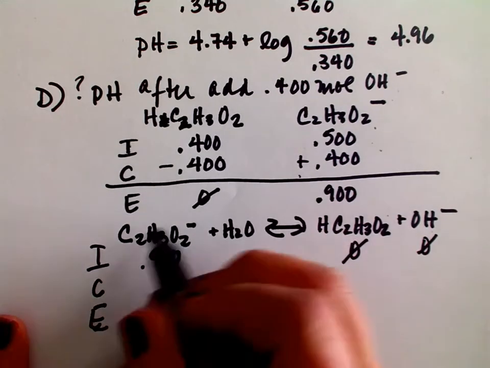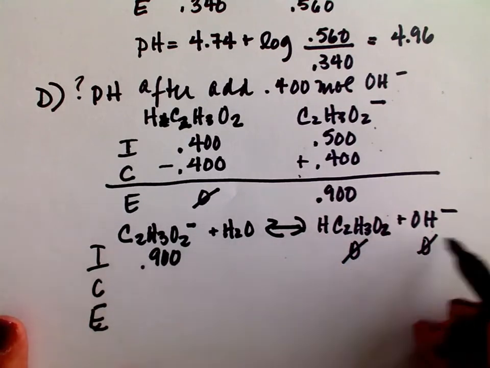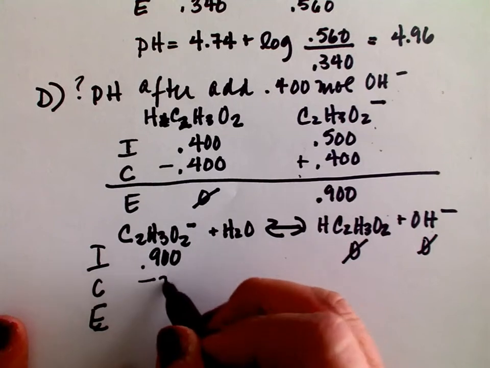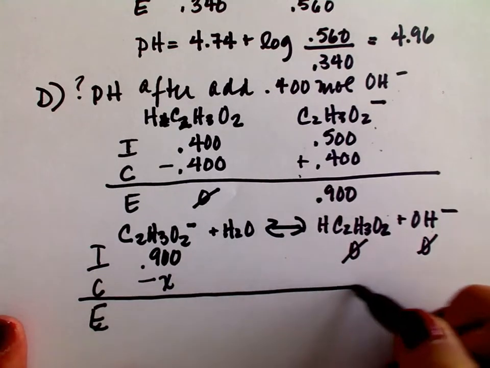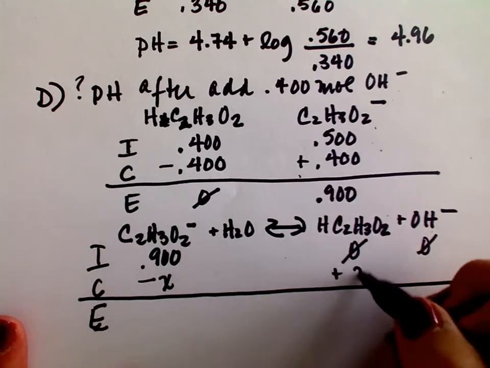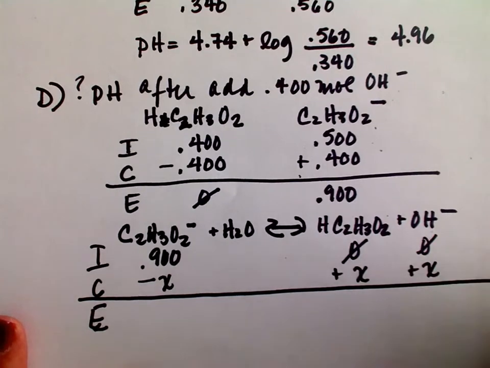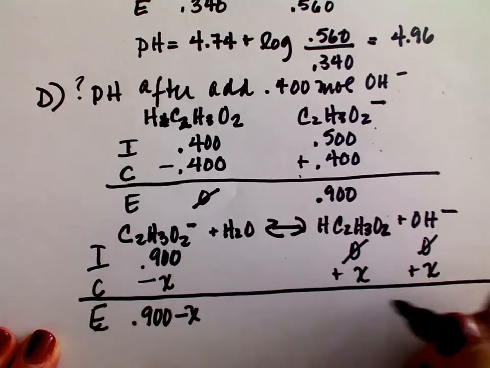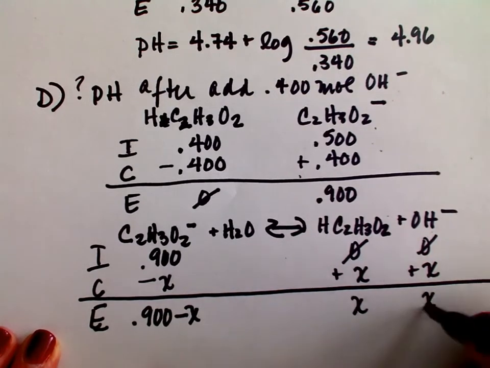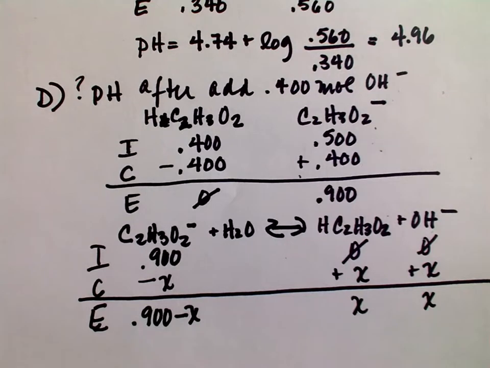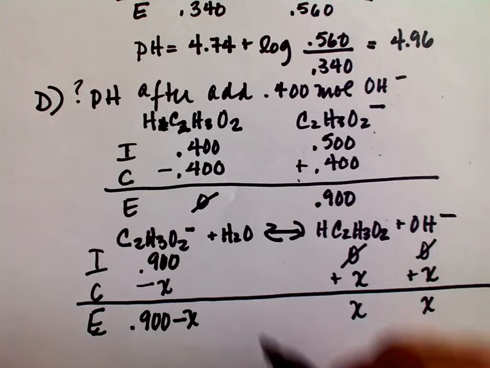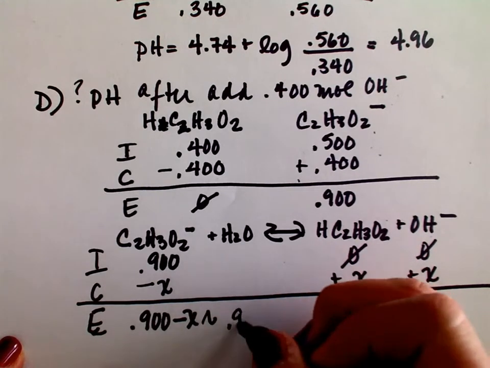Some of this is going to react with water to produce these two. And so we're going to subtract whatever that amount is in the form of X. And we'll add X's here for whatever that change is. So this will be 0.900 minus X. Equilibrium concentration for these two is X. Now, we're going to assume that X is so small that it approximately equals 0.900.